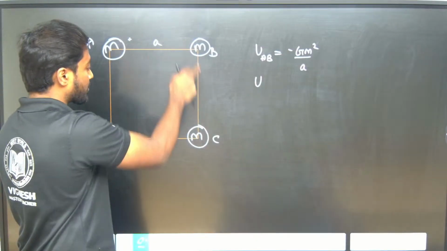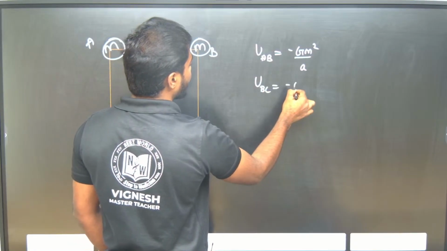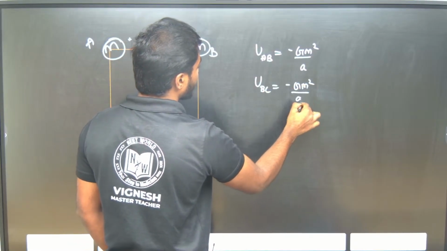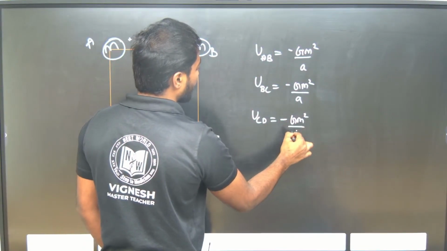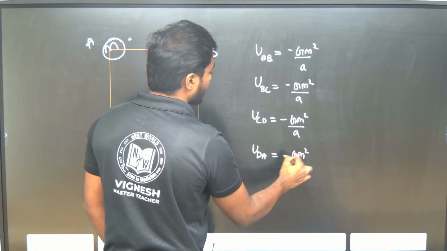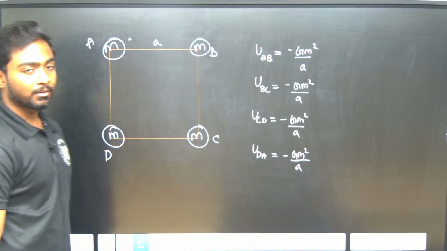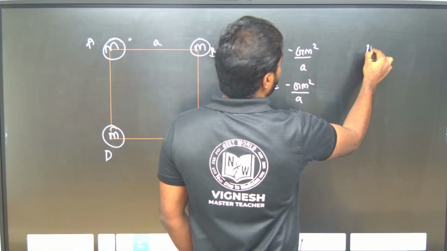So I'll write first for the sides: UBC equals minus Gm square by a, UCD equals minus Gm square by a, UDA equals minus Gm square by a. What else is left out?